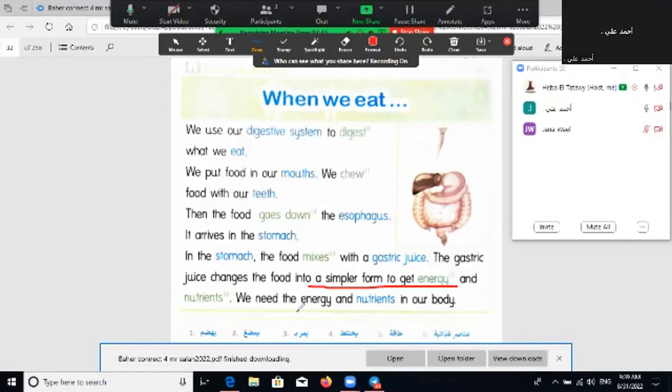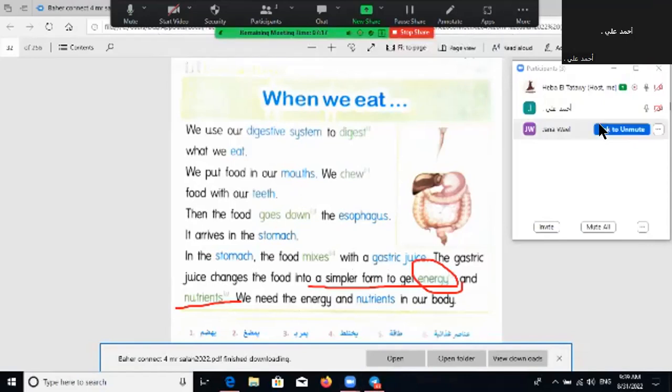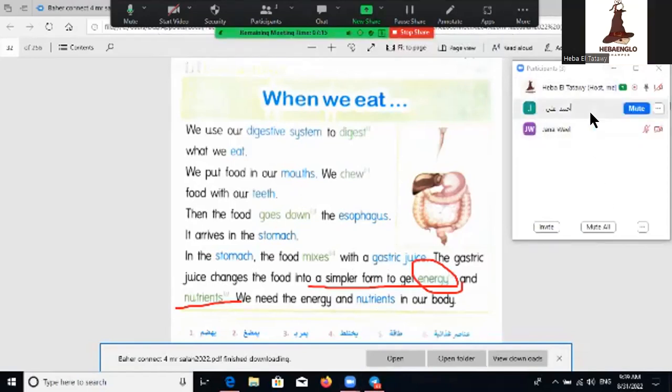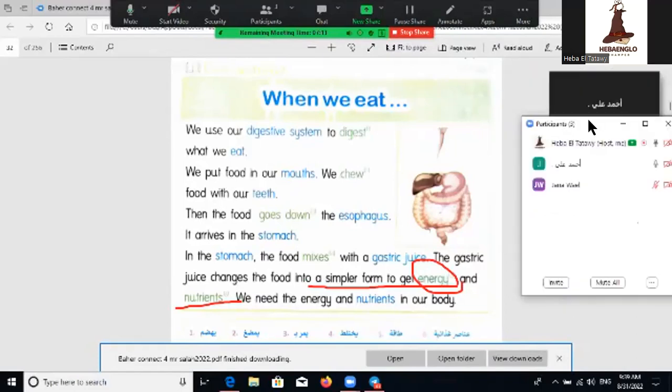So what do we get from food? Energy and nutrients. Yes. So we start the digestion process in our mouth and esophagus.